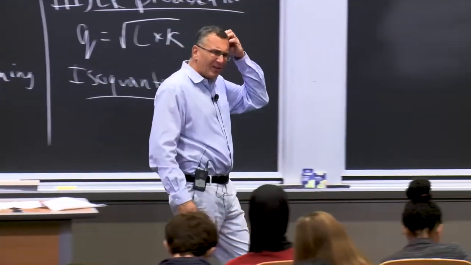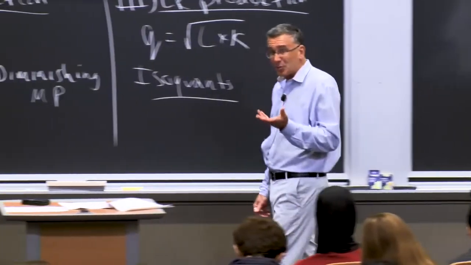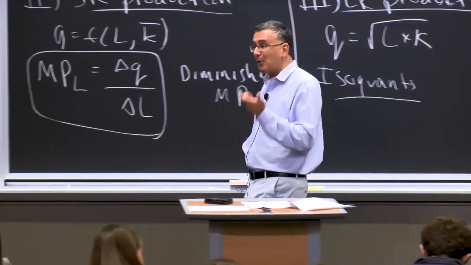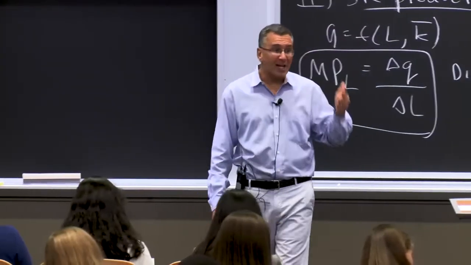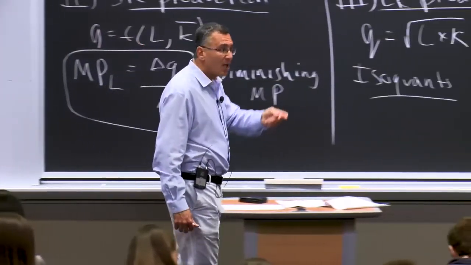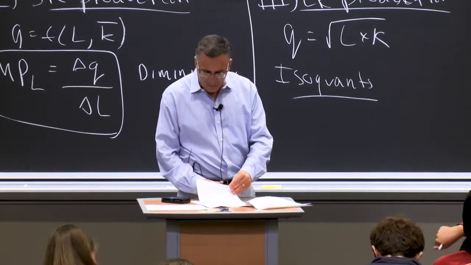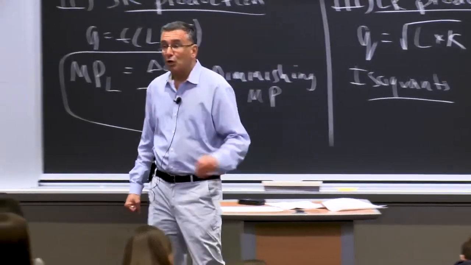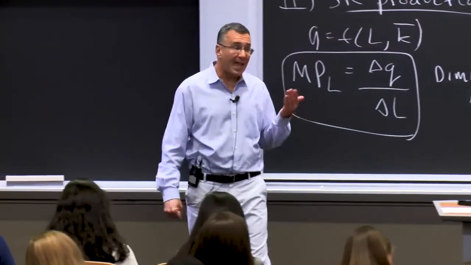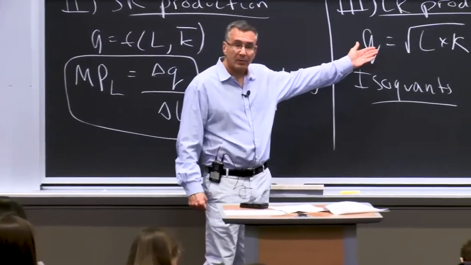An indifference curve is this weird intangible idea of points along which you're indifferent. An isoquant is a tangible thing. It's the combinations of capital and labor that produce the same amount of output. Okay? So for any given production function, there's different combinations of capital and labor that produce the same amount of output. So for example, in our example, okay, 2 units of capital and 2 units of labor produces 2 units of output.